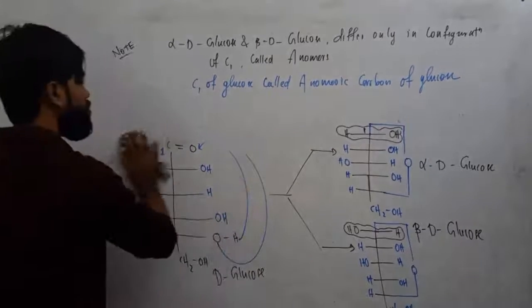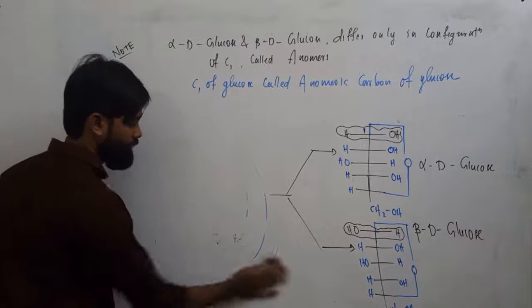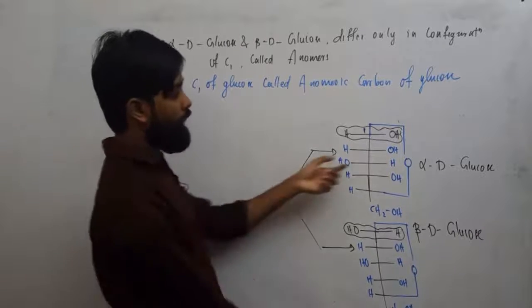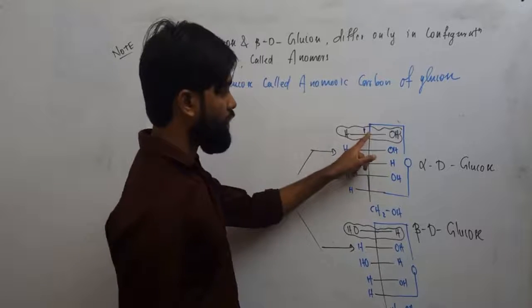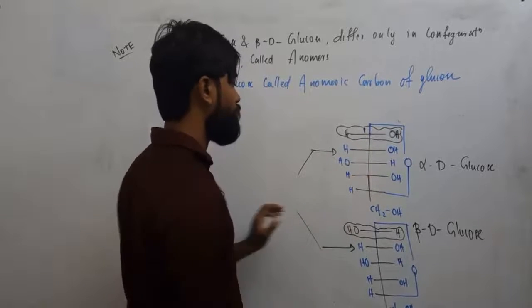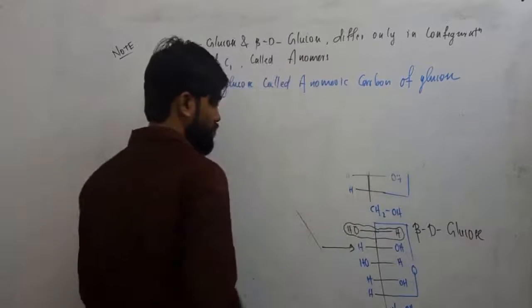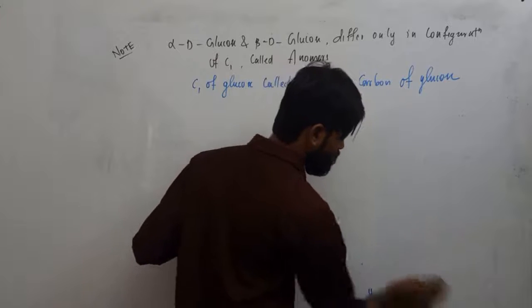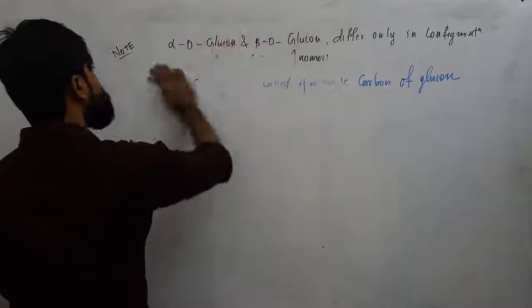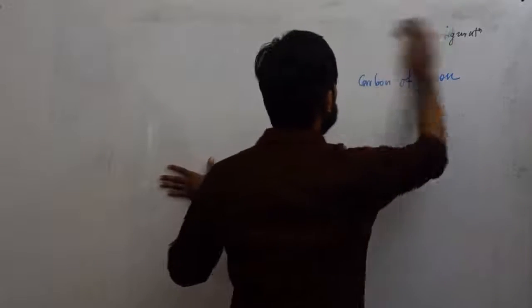So now consider the Haworth structure. How many chiral carbons are there in alpha D glucose and beta D glucose? Actually, 1, 2, 3, 4, 5. Five chiral carbons are there. So let's consider the Haworth structure.